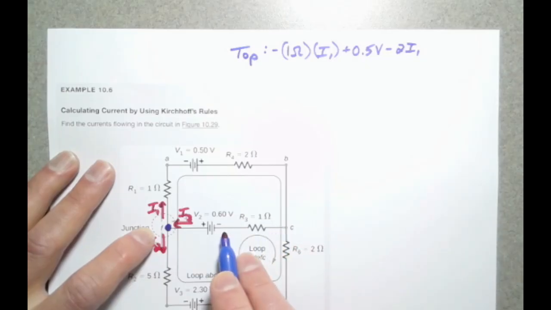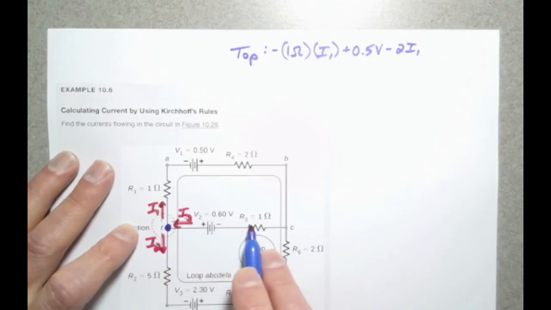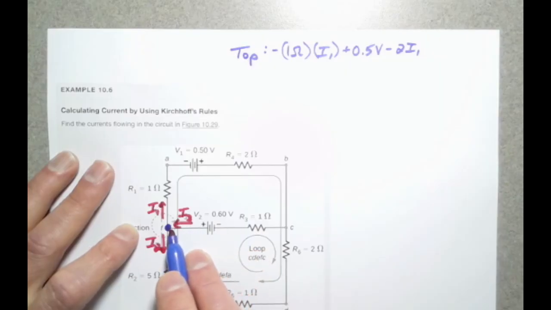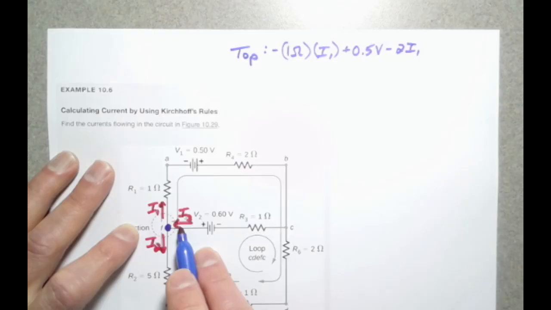Oh. So you see that? At what point does it switch to I3? When you're in this leg right here, because I3 is the current that's going into this junction right here from this direction. So after the junction is when the label of the current changes.